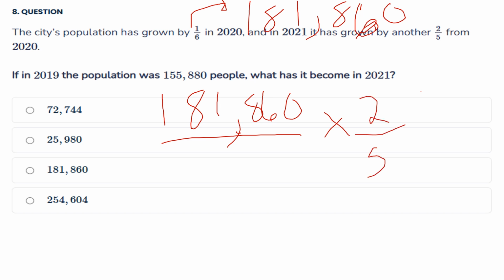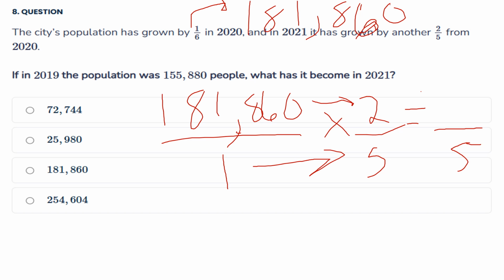So we need to turn our 2020 population into a fraction. The easiest way to do that is to put a 1 over that population, and then we're going to multiply across. All right, so we know that number is 5. 1 times 5 is 5.